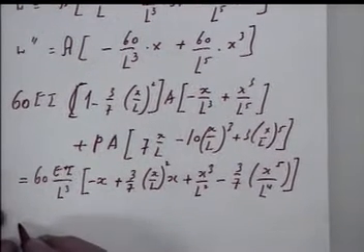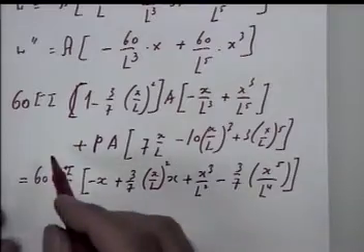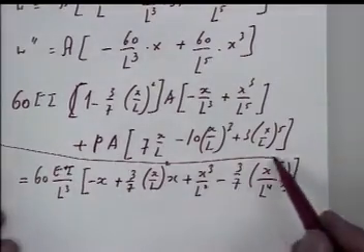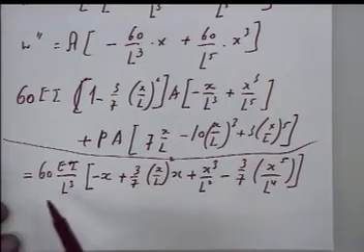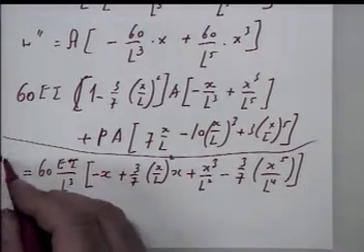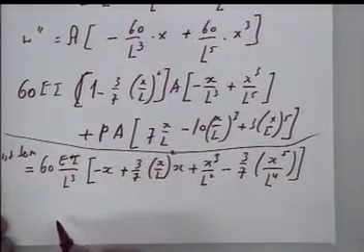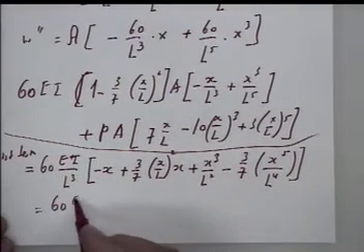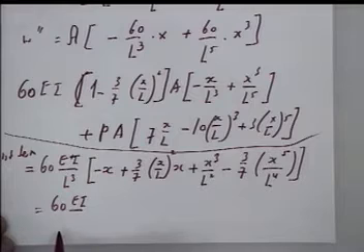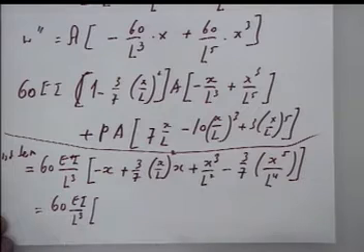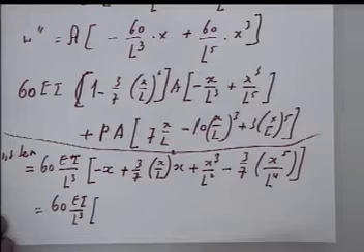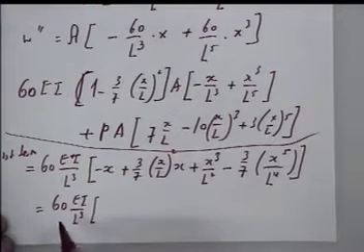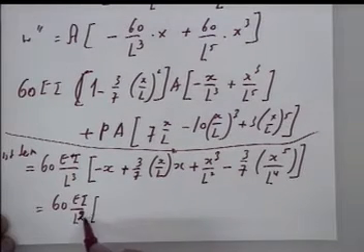Now we get this equals. Let me just deal with the first term only. Okay, first term. Now we get 60 EI over L cubed. And that is, we will write here 2 and introduce L inside.